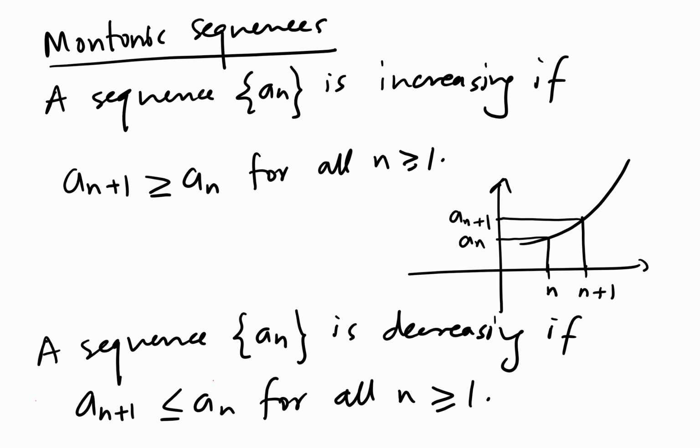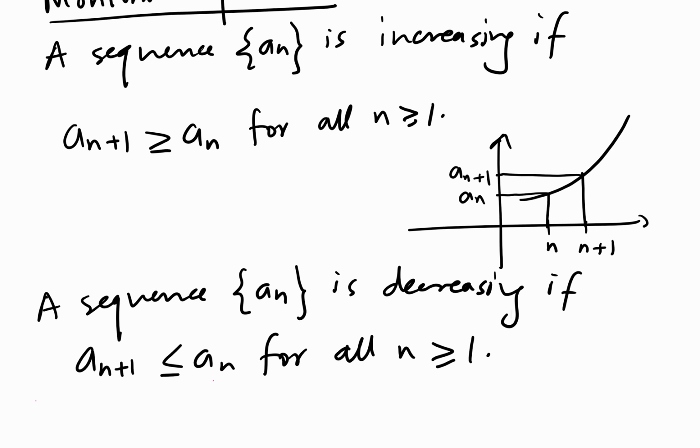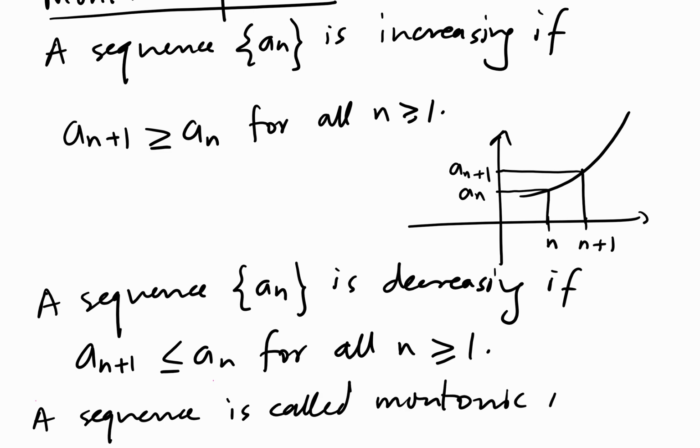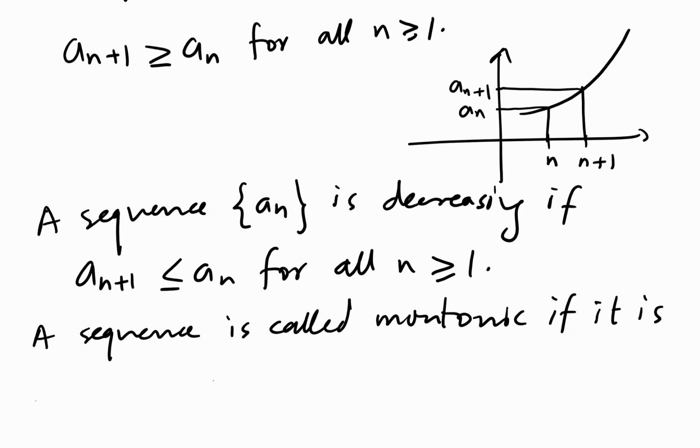Now, why did I start with monotonic? Well, now we say a sequence is called monotonic if it is either increasing or decreasing.